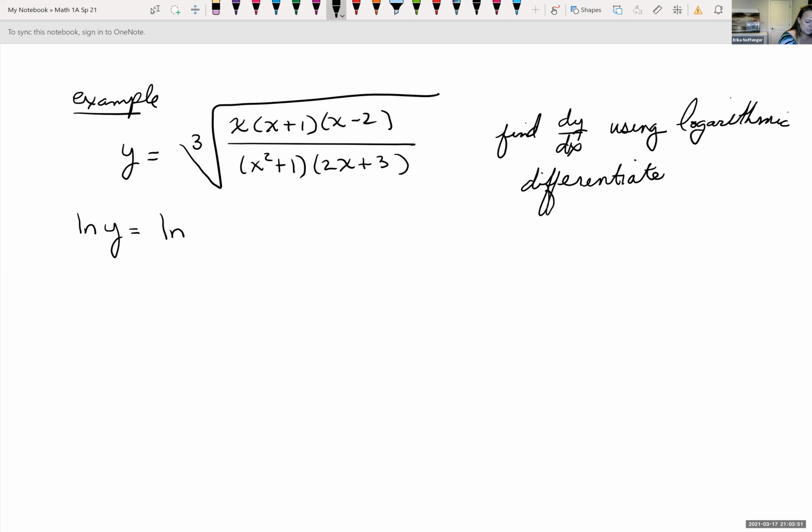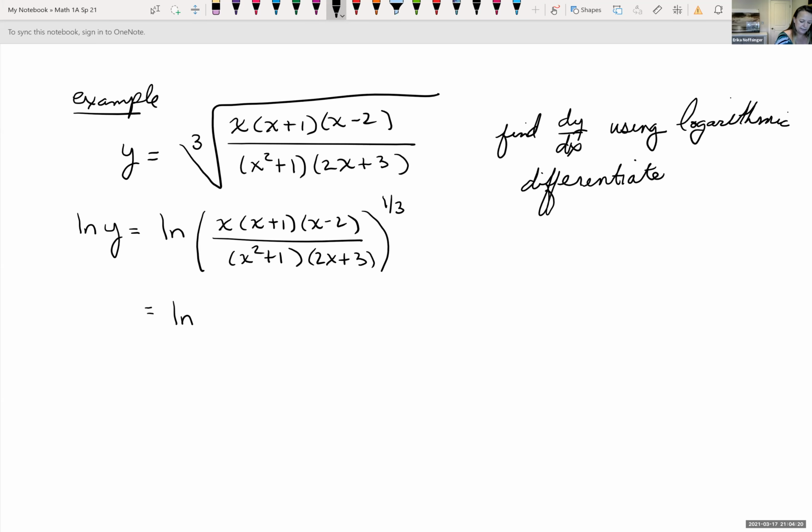And as I take the natural log, I'm going to rewrite that cubed root as the 1/3 power. So x times x plus 1, times x minus 2, all over x squared plus 1, times 2x plus 3, and this is raised to the 1/3 power. So now we're going to start breaking this down. I'm going to leave the natural log of y there for now, and then we'll bring it back down later.